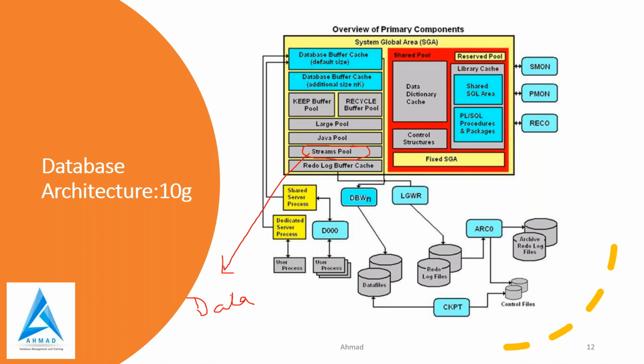The hottest data transferring technique today is GG, Golden Gate, but before Golden Gate, Oracle Streams did this task. Oracle Streams requires memory, so in 10g Oracle added a component to the SGA, the streams pool. The parameter is STREAMS_POOL_SIZE.